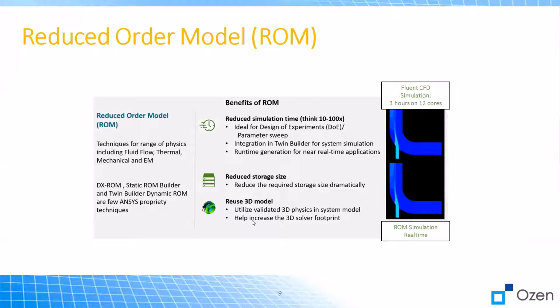It offers the ability to expand usage of the 3D simulation model to users who work at the system level. And as you can see here on the right, this is the output of a FLUENT CFD simulation after solving for 3 hours on 12 cores. But if we have the ROM of this model, we can get the simulation in real time.